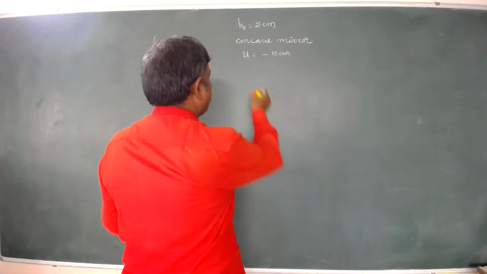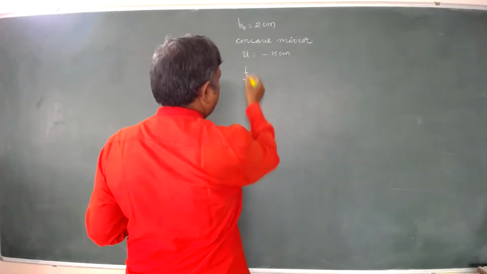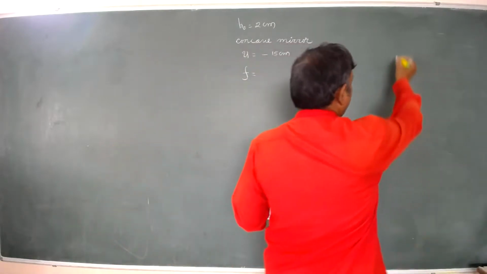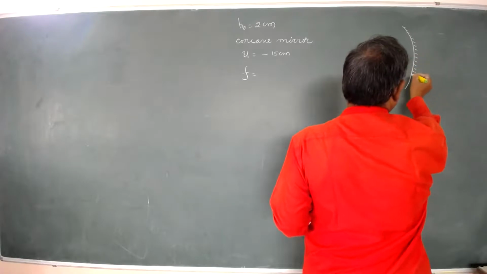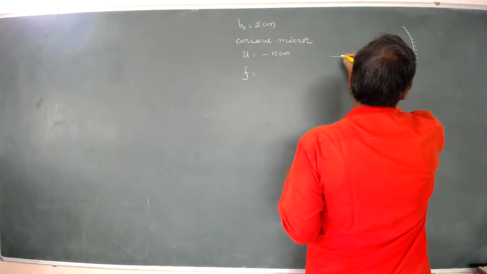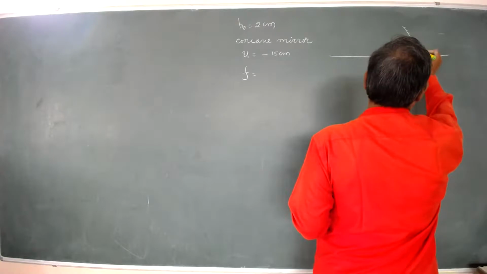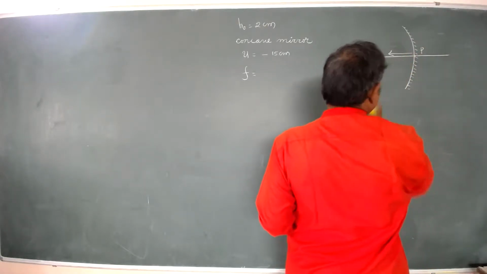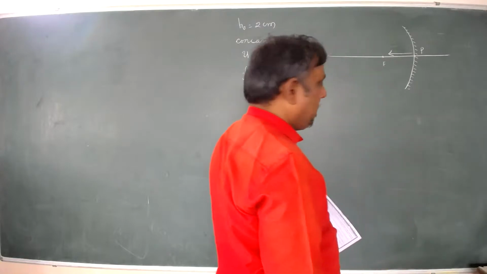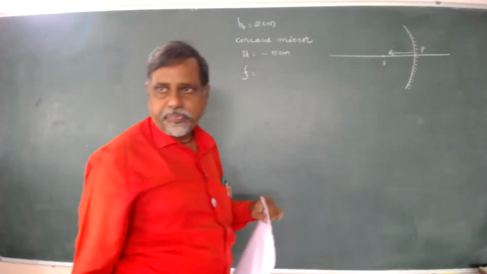Coming to focal length. For concave mirror, look at this. This is the concave mirror. Now this is the principal axis and this is the pole over here. So this is the focus. Focal length has to be measured from pole. In the left direction you are measuring.